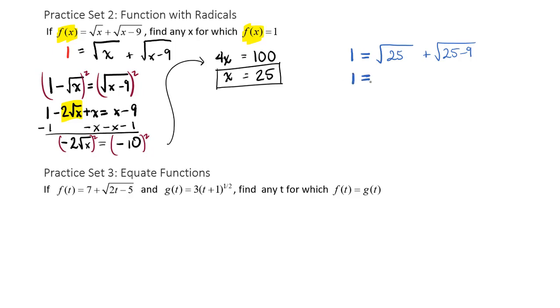I need to show that the square root of 25, which is just 5, plus the square root of 25 minus 9, which is 16, gives 4. So 1 should equal 5 plus 4. So 1 equals 9 does not make sense.